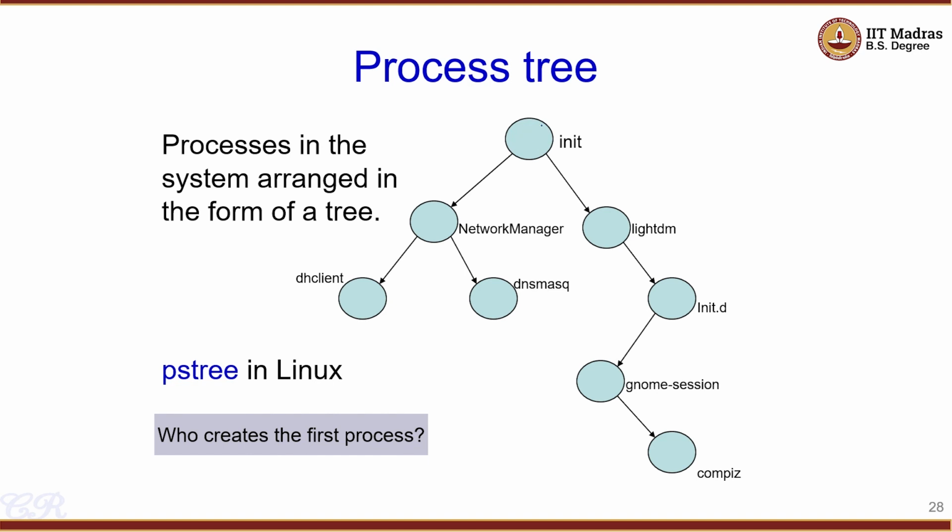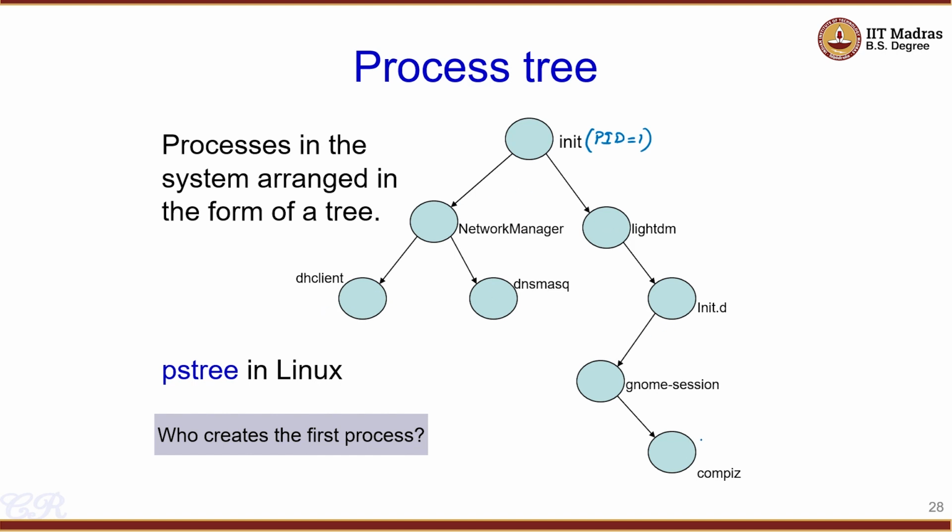Right at the root of the tree is the init process. This is your process with a PID equal to 1, and it is the first process that the kernel would essentially create and execute, and the init would essentially create multiple processes. For example, over here you have the network manager process and the light DM process. Each of these processes could create one or more processes, right?